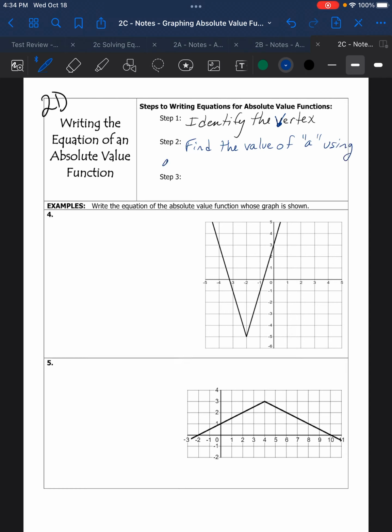Find A using a point and the vertex. So we're going to substitute these numbers in. And step 3 is to write the equation using the A and the vertex.